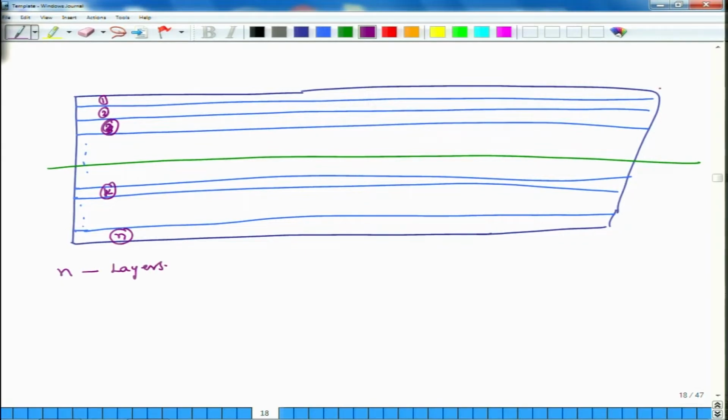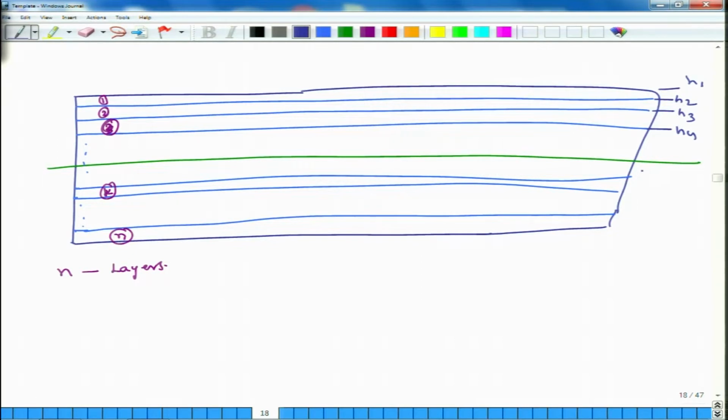Then let us look at the coordinate system. If the overall thickness is T, then the top layer's coordinate is H1, then this is H2, then H3, then H4, and I keep on going down.